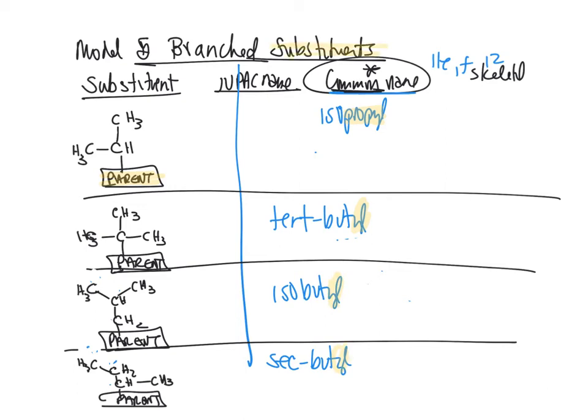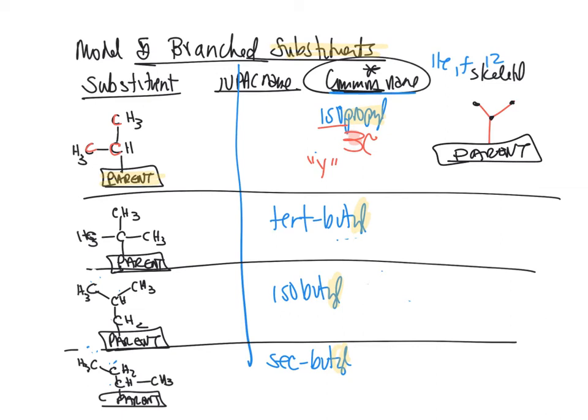Propyl means 3 carbons: 1, 2, 3. And iso, I think of it as a Y. When you do your skeletal, if this is your parent, it looks like a 3-membered Y, isopropyl.